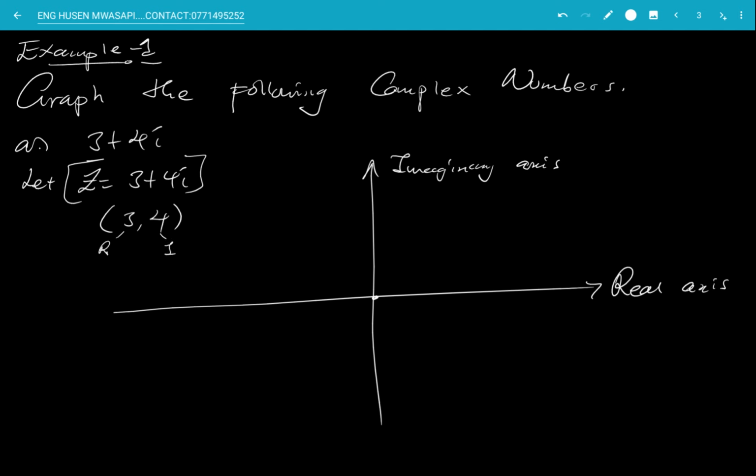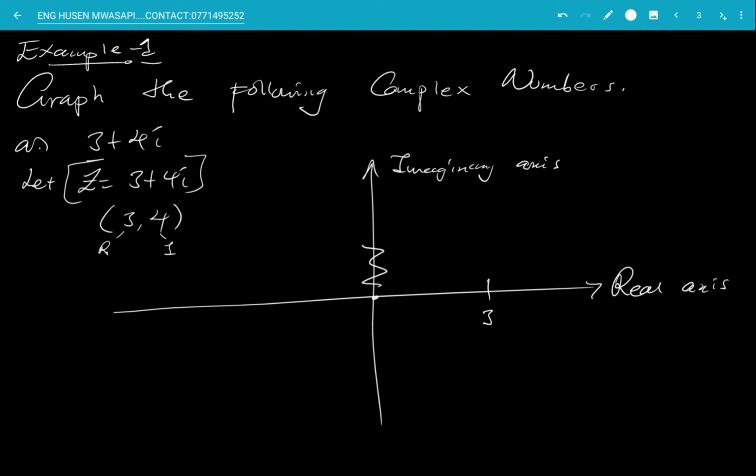So we'll be moving 3 steps to the positive real axis. We know that this is the positive side of the real axis, and we know that this is the negative side of the real axis. So we'll be moving towards the positive side, and just pick a point along the real axis and call it 3.